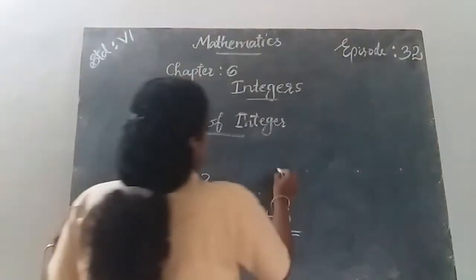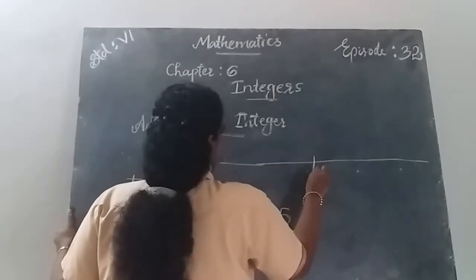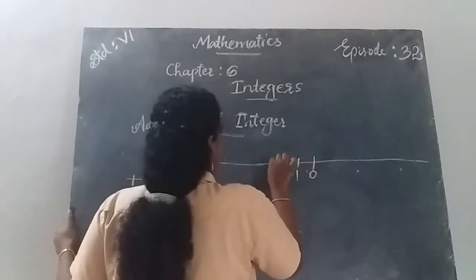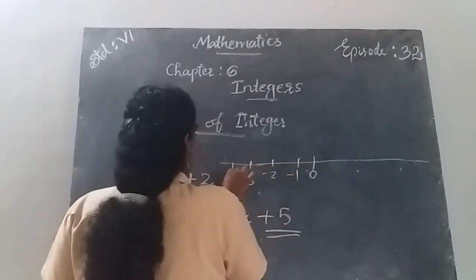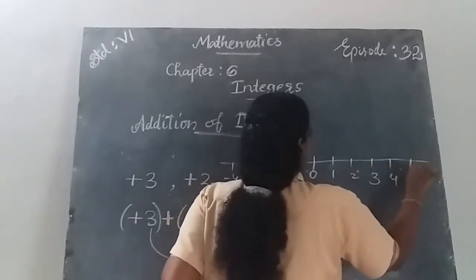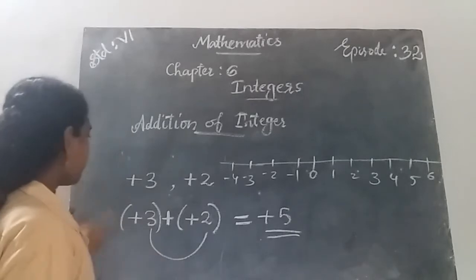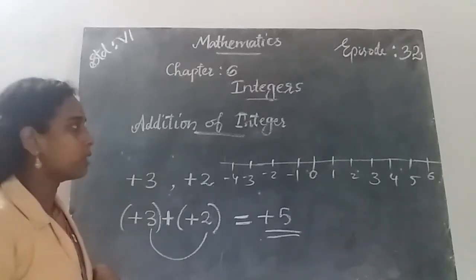Now if we add these two numbers on a number line, with negative 1, negative 2, negative 3, negative 4 on the left and 1, 2, 3, 4, 5, 6 on the right, here positive 3 plus positive 2.